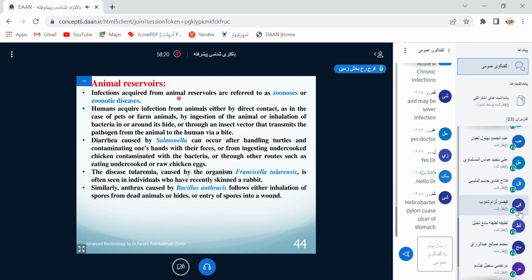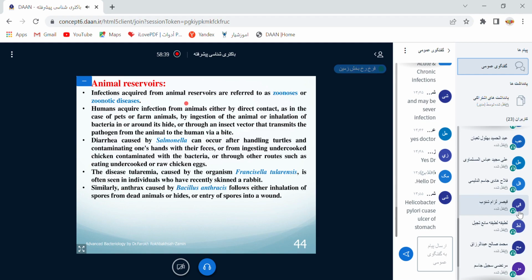Infections acquired from animal reservoirs are referred to as zoonoses or zoonotic disease. So again, what is a zoonosis or zoonotic disease?